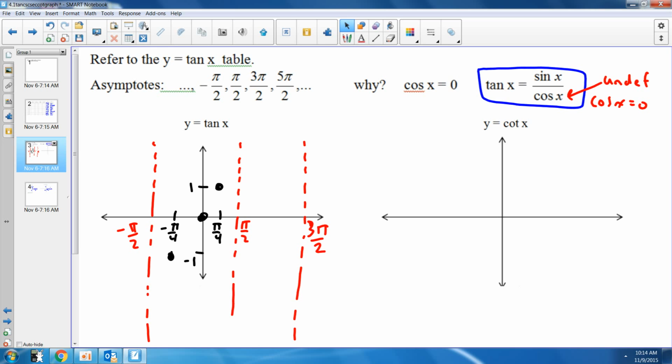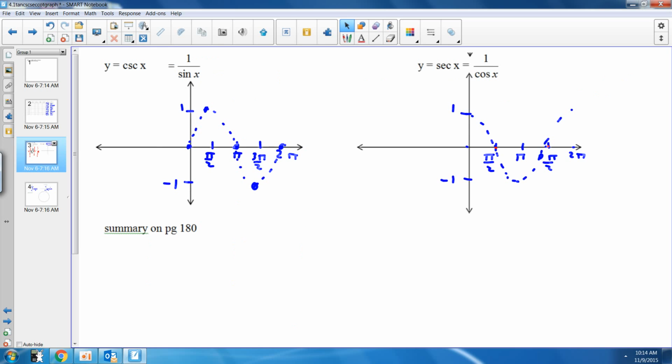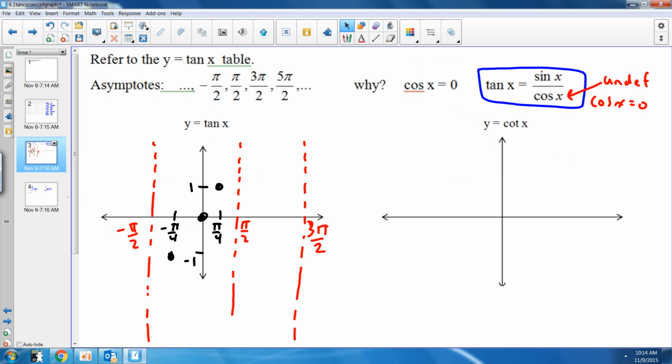That means that if I go back here to this graph again, I'm looking at the cosine graph, as it goes closer to pi over 2, it's getting closer and closer to 0. As it goes to pi over 2, the cosine x is going closer and closer to 0, which means the tangent graph is going to go closer and closer to positive infinity.